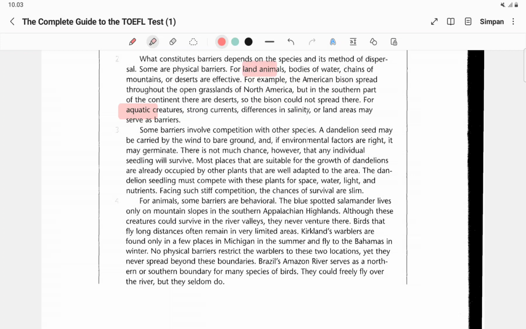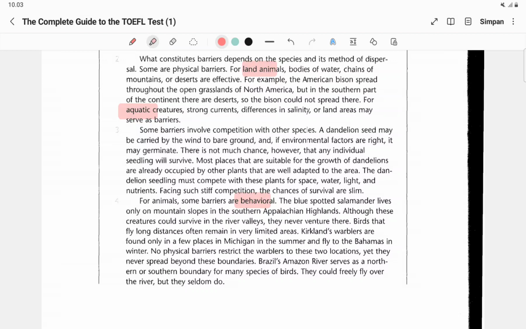For animals, some barriers are behavioral. The blue spotted salamander lives only on mountain slopes in the southern Appalachian highlands. Although these creatures could survive in the river valleys, they never venture there. Birds that fly a long distance often remain in very limited areas.